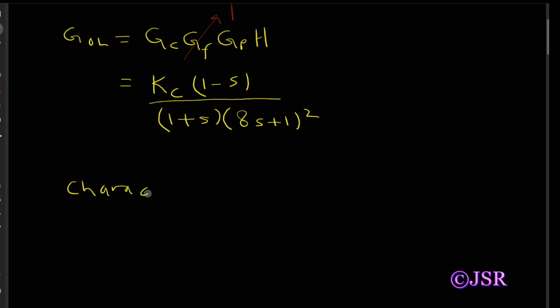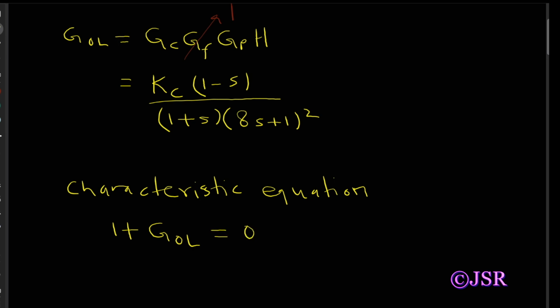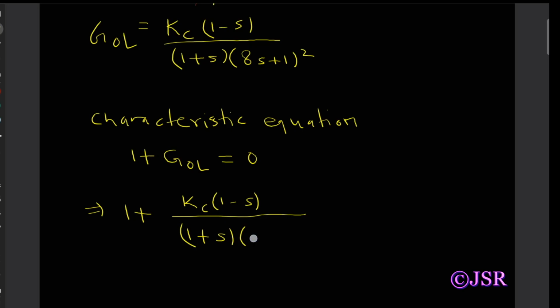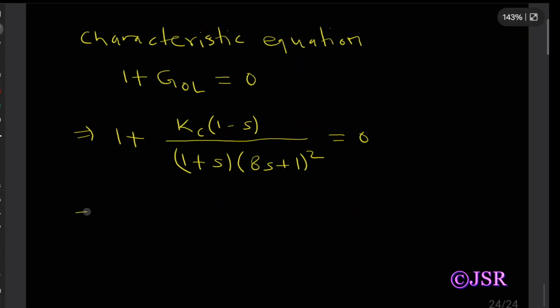So next we will find out the characteristic equation, which is given by 1 plus open loop transfer function equal to 0. So 1 plus Kc (1 minus s) upon (1 plus s)(8s plus 1) whole square will be equal to 0.